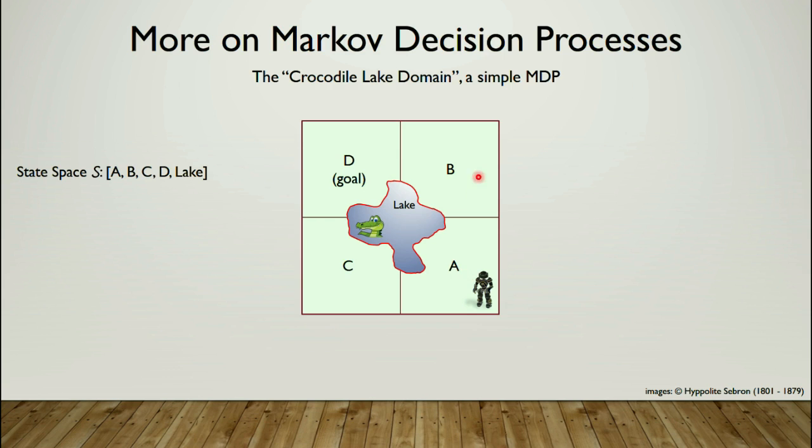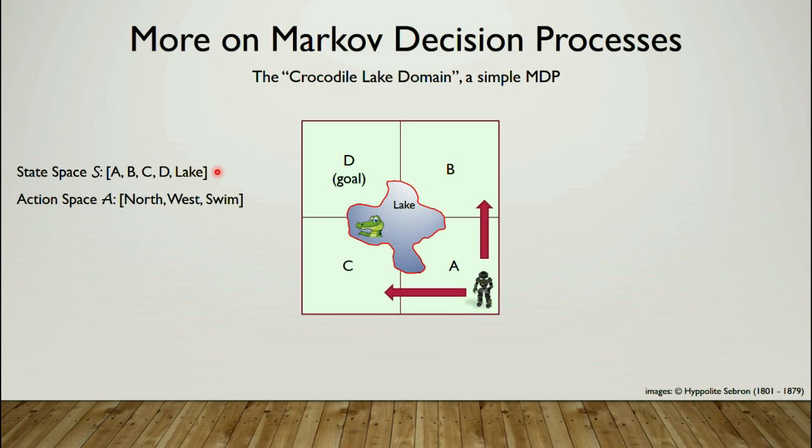The states are denoted A, B, C, D, and lake. And D is the goal state, meaning that we want to reach D. And the state of the environment is always the position of this guy here. So if this guy is up here, we're in state B. If this guy is right now here where he is right now, we're in state A, and so on and so forth. So the state space is discrete and it's finite.